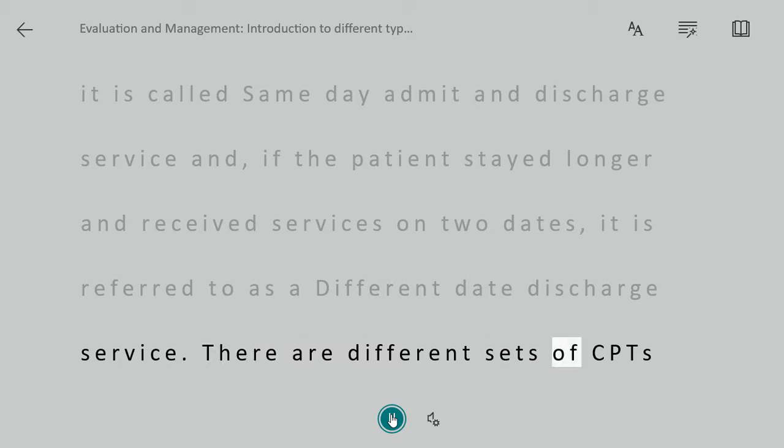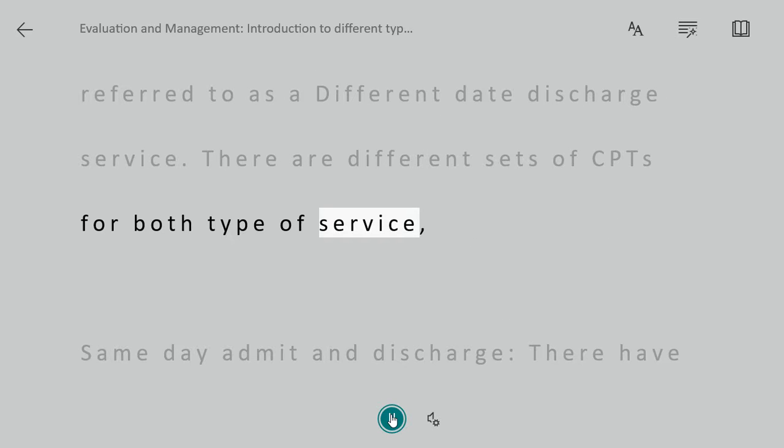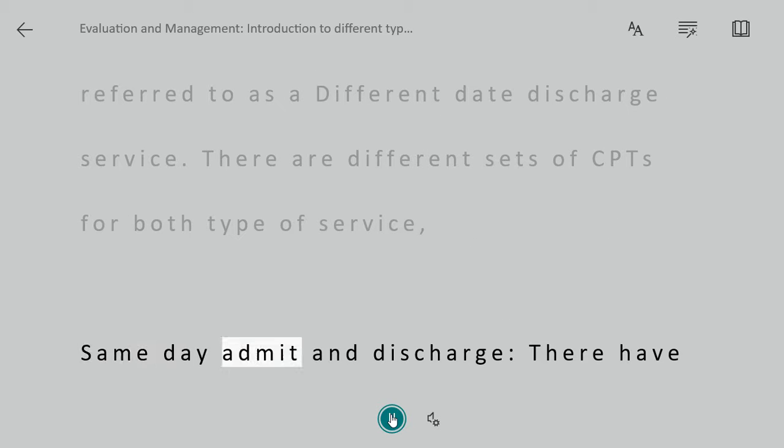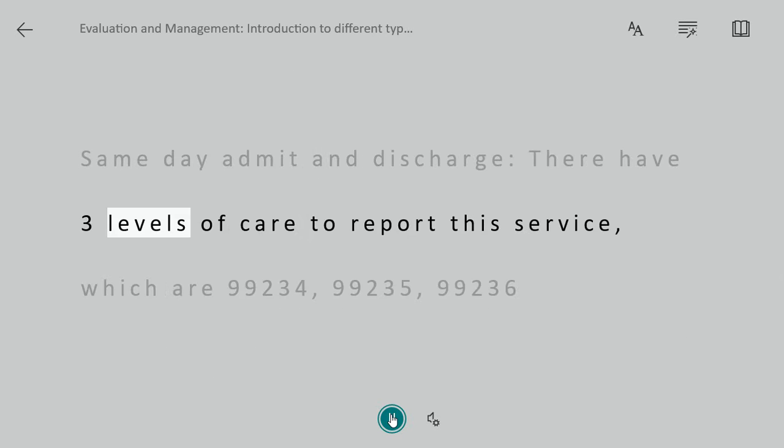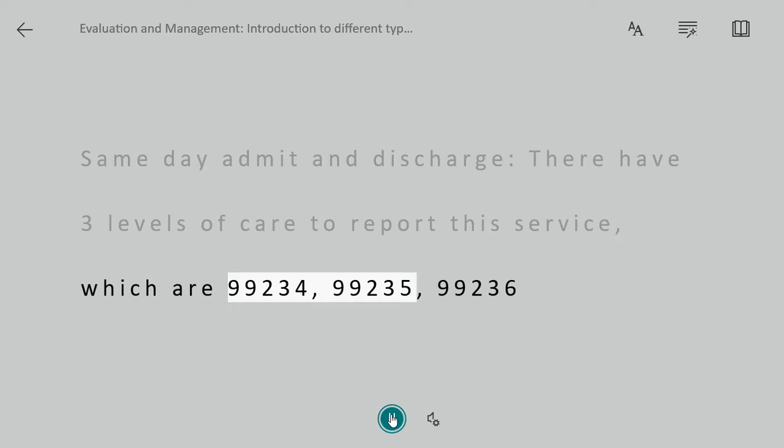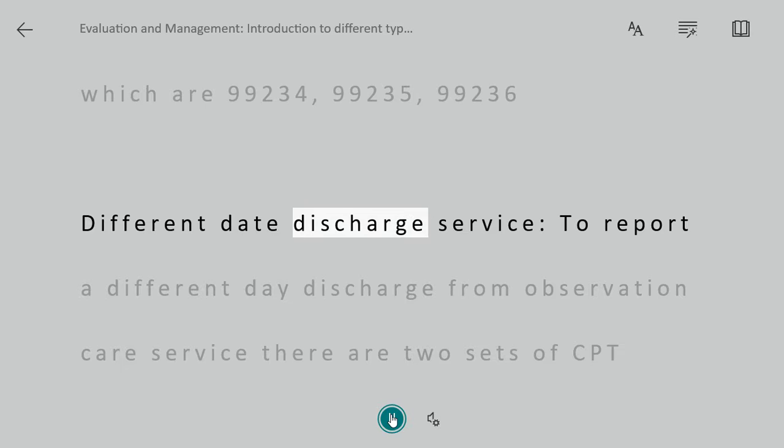There are different sets of CPTs for both types of service. Same-day admit and discharge. There are 3 levels of care to report this service, which are 99234, 99235, 99236.